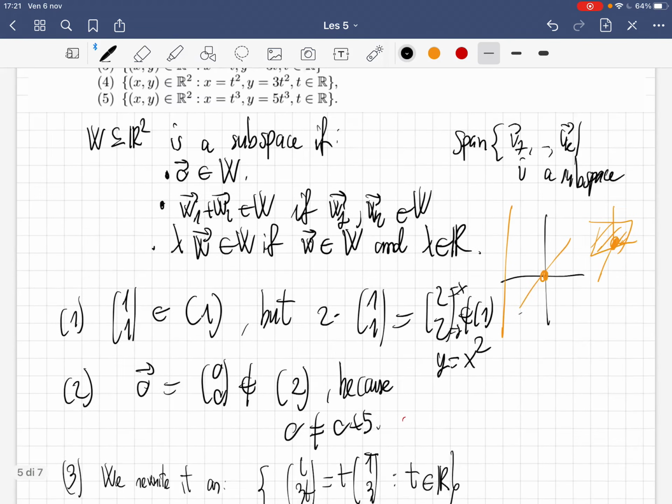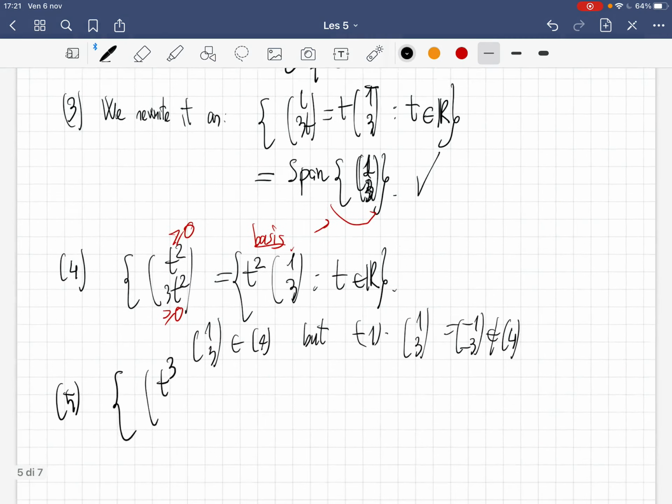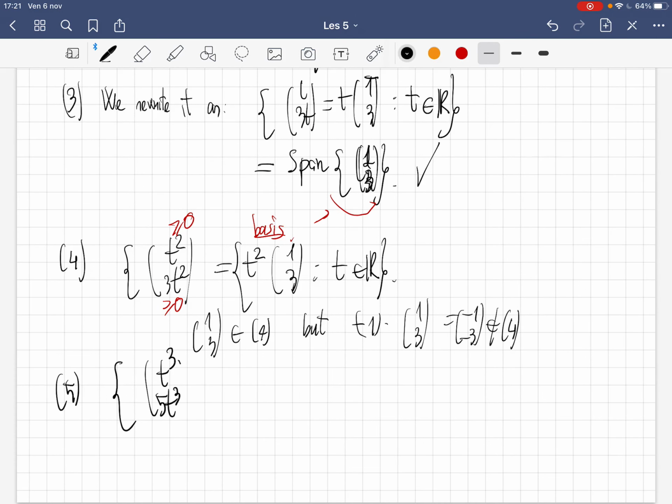So it looks similar. You can, if you want, rewrite it: this is again t, you can put this t cubed here, times (1, 5).